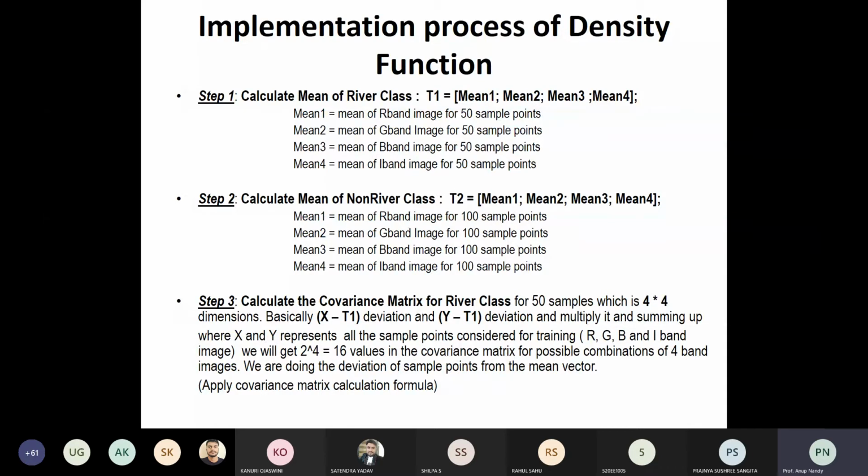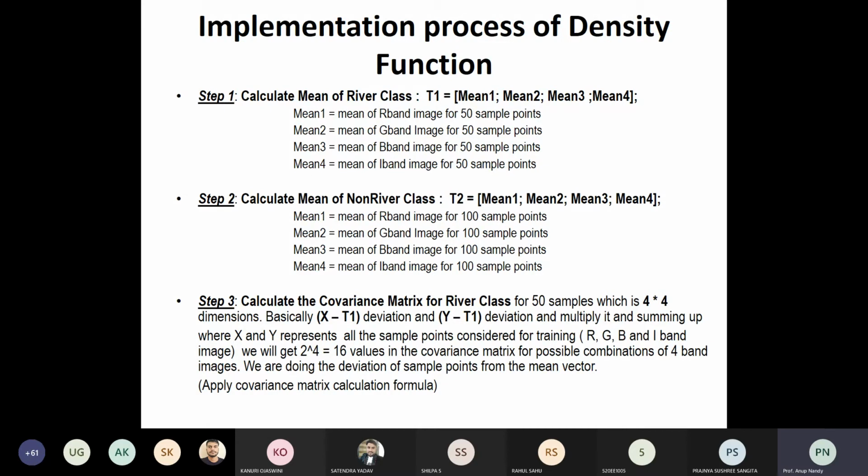Now T1 is your mean vector for the river class. You have the 4 components: mean 1, mean 2, mean 3, mean 4. Actually, the mean is a column vector, but we have written it as a row vector. Mean 1 is the mean of the R-band image of 50 sample points.